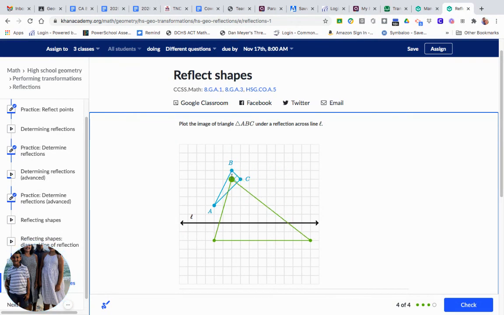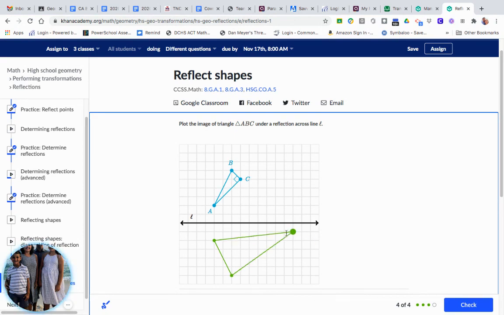B is 1, 2, 3, 4, 5, 6 away from the line of reflection. Let's see, I'm going to have to move this. Okay, so it's got to be in line here. 1, 2, 3, 4, 5, 6 away in the other direction.